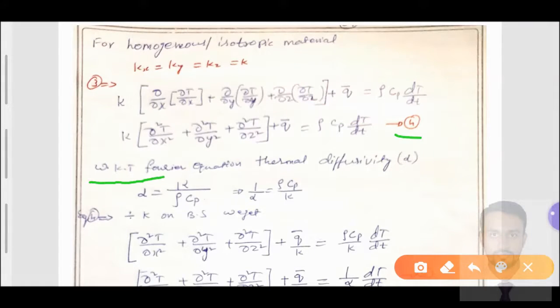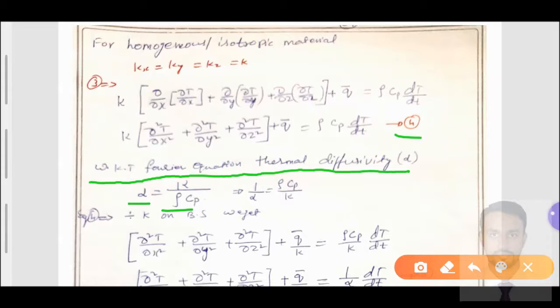We know the Fourier equation for thermal diffusivity alpha, where alpha is equals to k divided by rho into cp. Fourier's equation gives the thermal diffusivity alpha, which is equals to thermal conductivity divided by density into specific heat.